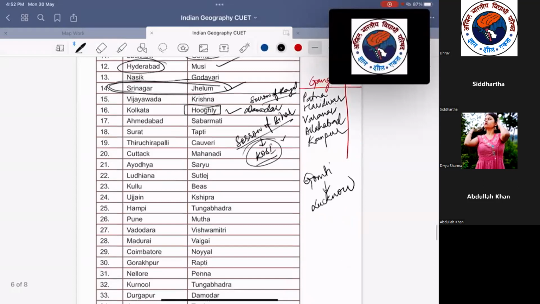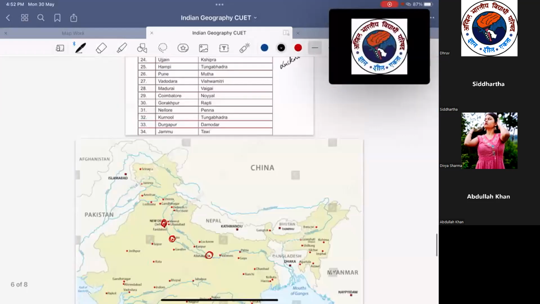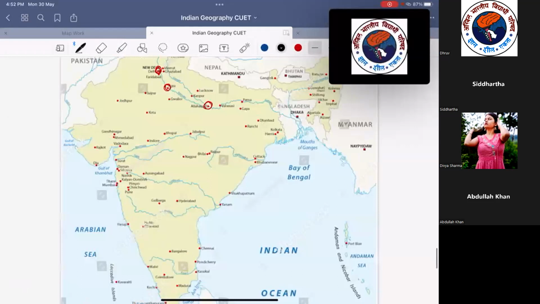One more thing, when you are talking about the rivers, an important thing you have to keep in mind is which rivers flow into the Bay of Bengal and which rivers flow into the Arabian Sea, where they meet the ocean.